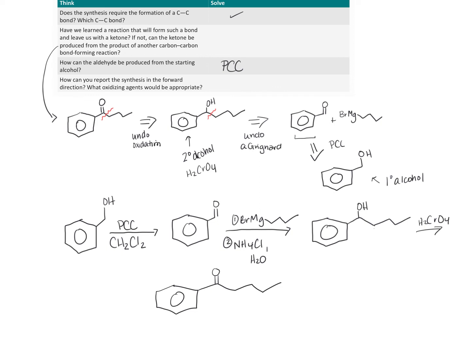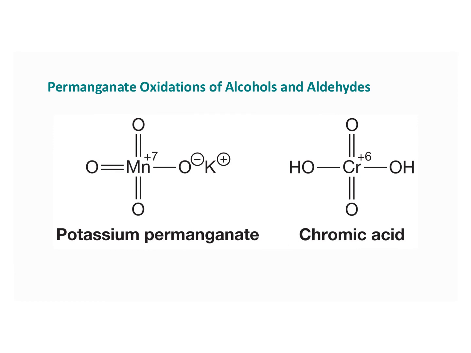Now, another common oxidizing agent is potassium permanganate, which is KMnO4. Potassium permanganate, shown here, is an ionic compound with the potassium cation, K+, and the permanganate anion, which is MnO4-. Structurally, the MnO4- does resemble the chromic acid here.